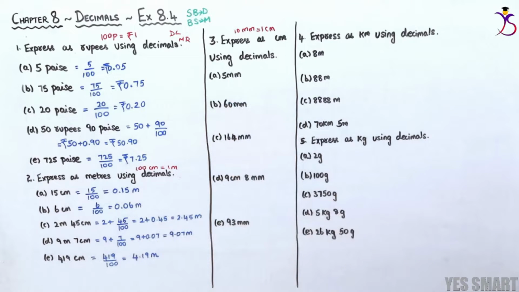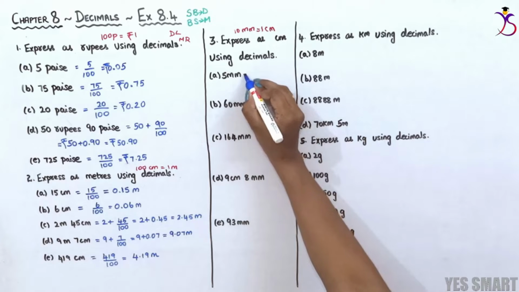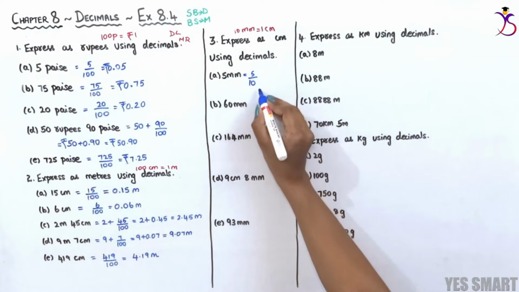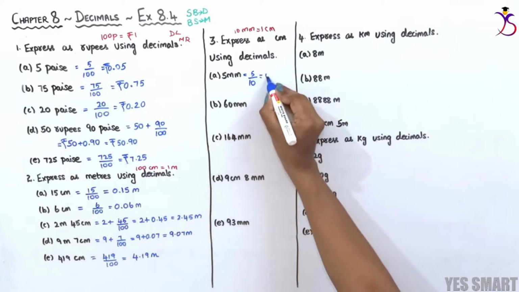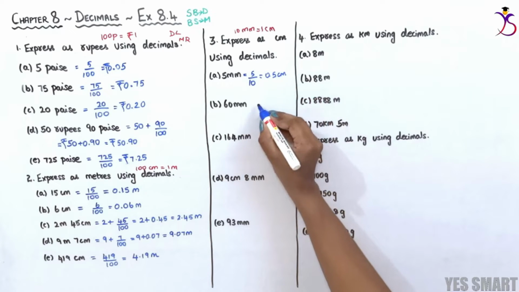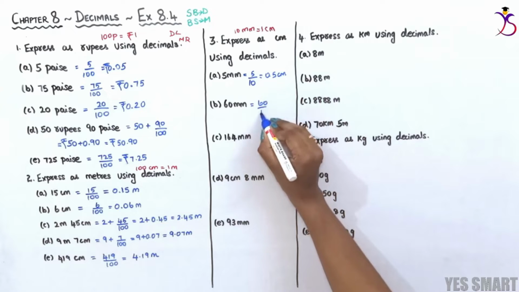The first one is 5 millimeter. Therefore, 5 divided by 10. We have 1 zero, so we have to move the decimal point to the left hand side by 1 digit, that is 0.5 centimeters. Next 60 mm, which is equal to 60 by 10.